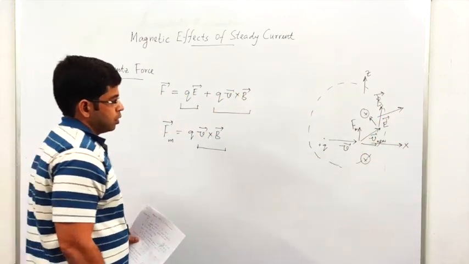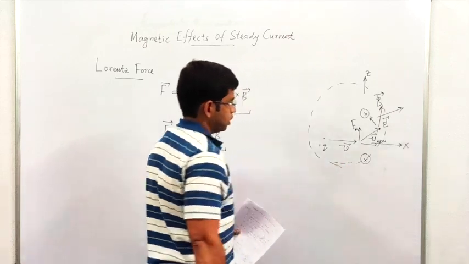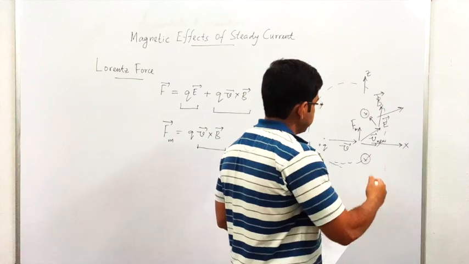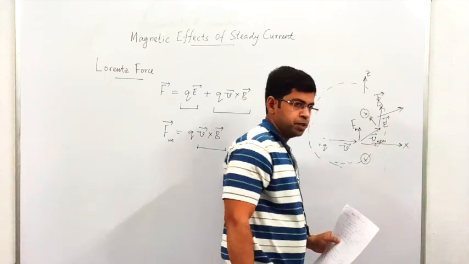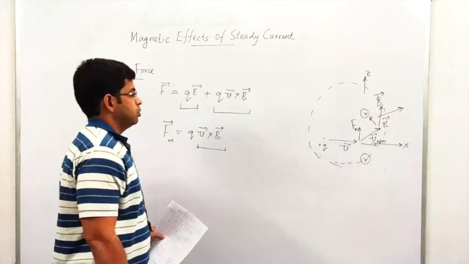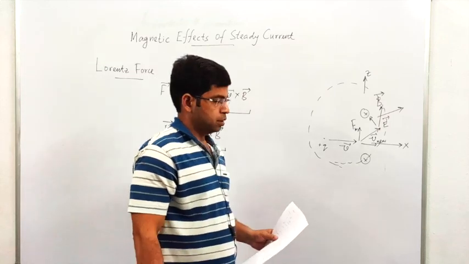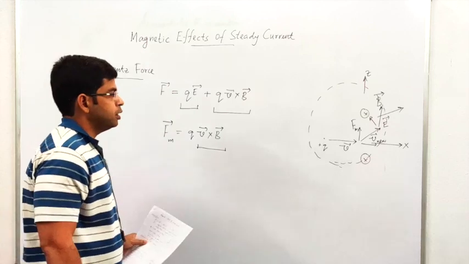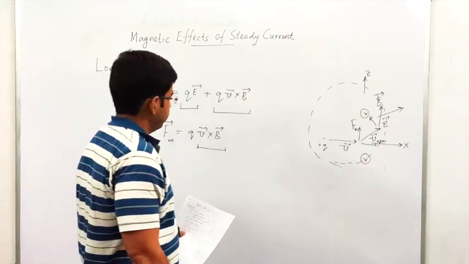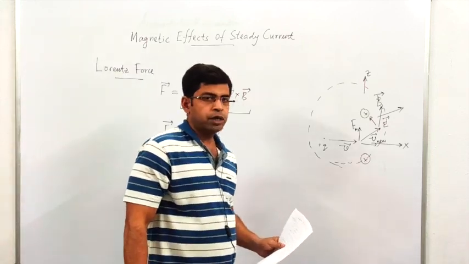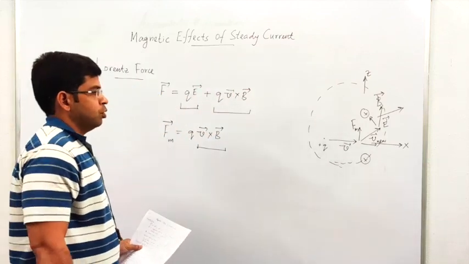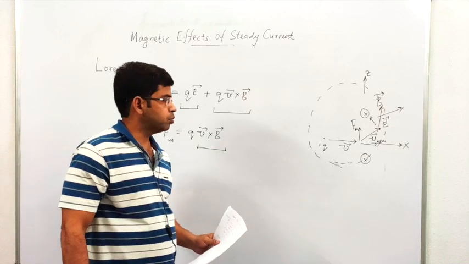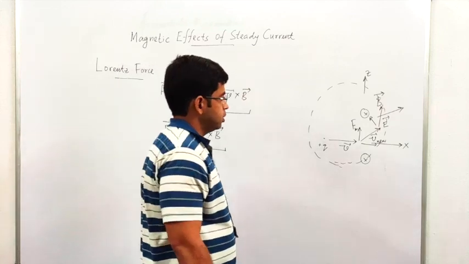So see here, we have considered the initial velocity of the charged particle to be exactly perpendicular to the direction of the field B. Now if the initial velocity is at a certain angle less than 90 degrees with the direction of the field, then we can break down the velocity into two components. One is exactly perpendicular to the direction of the field, and another component will be along the direction of the field.